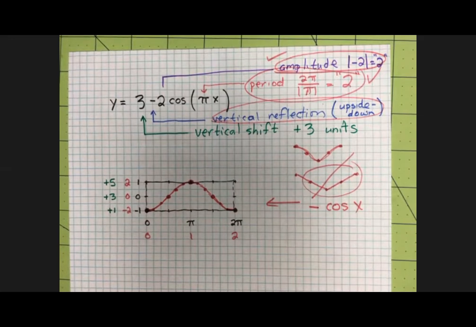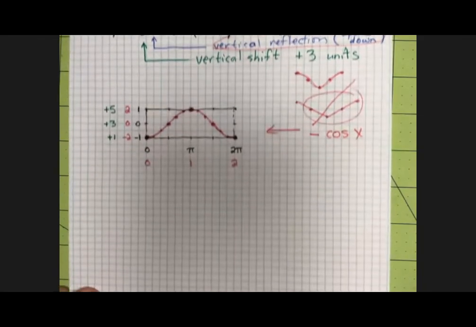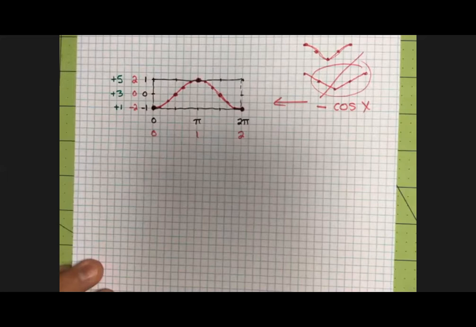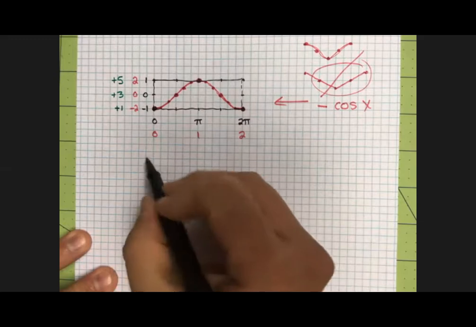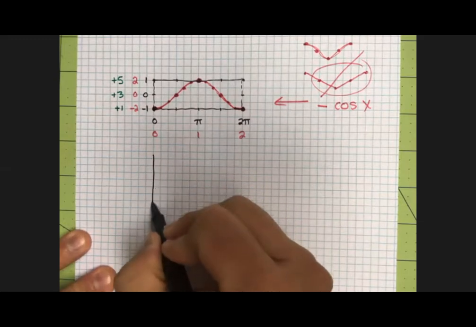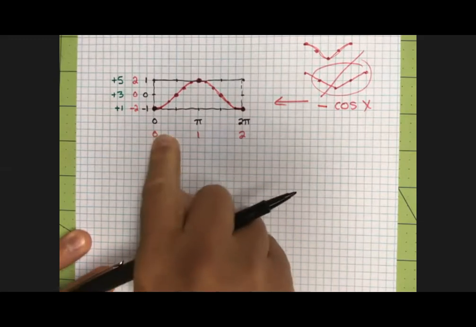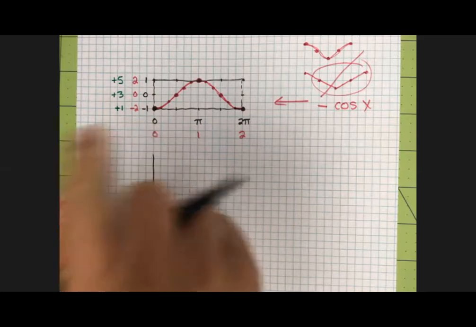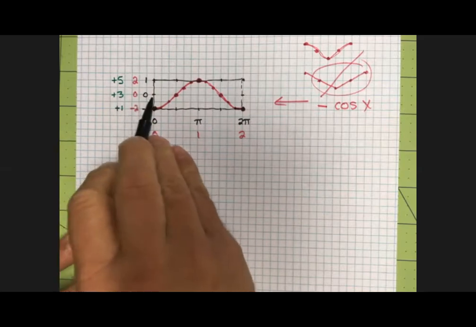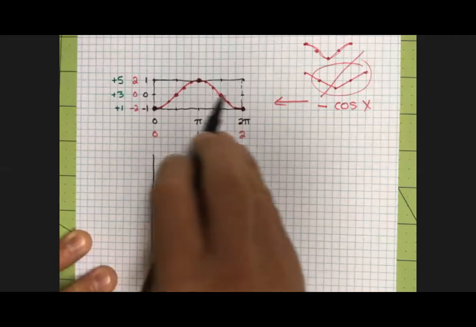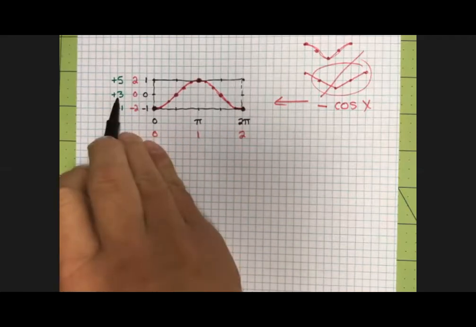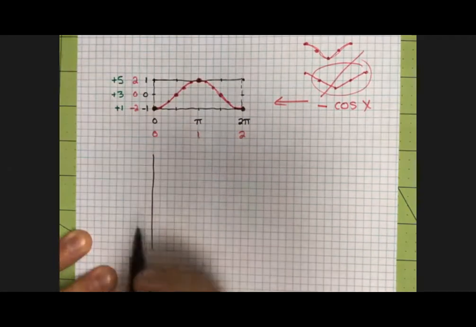And I'm just going to take it to a giant set of axes. So I imagine that my vertical axis starts right alongside that 0. Notice what your vertical center is. This thing is not centered at 0 vertically anymore. The horizontal axis is not at 0. The horizontal axis is at +3. It's been raised 3 units.